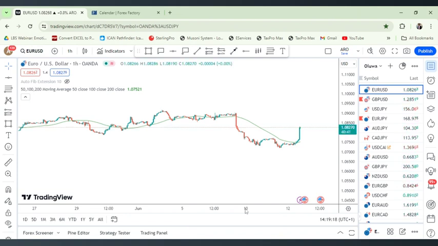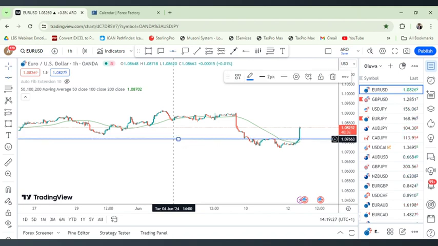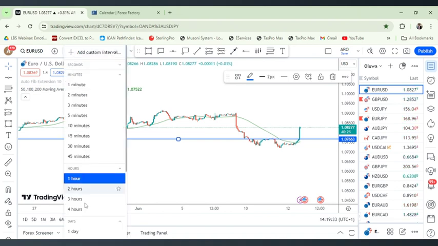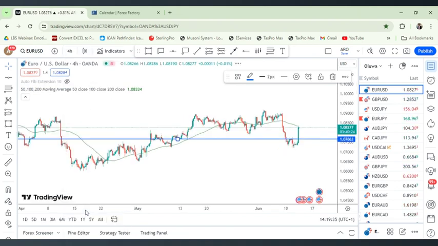The market has already broken this particular area of the chart. Now if you go to 4 hours, you will see a contrary opinion.